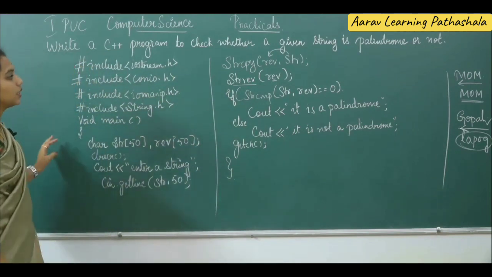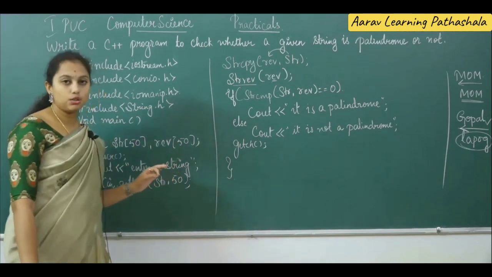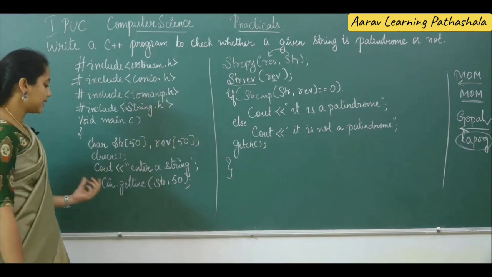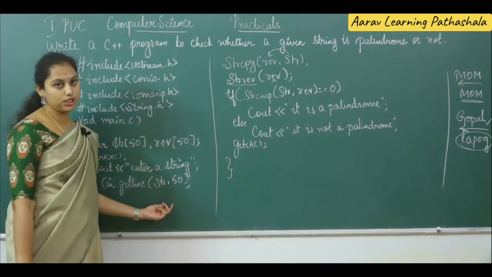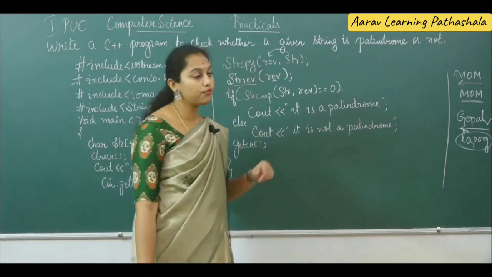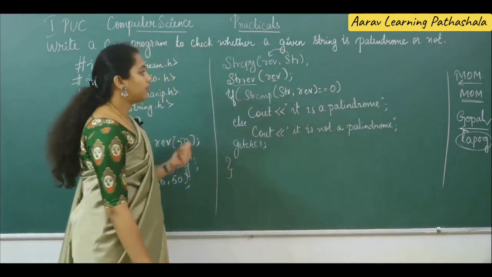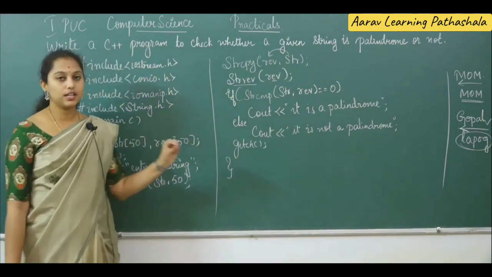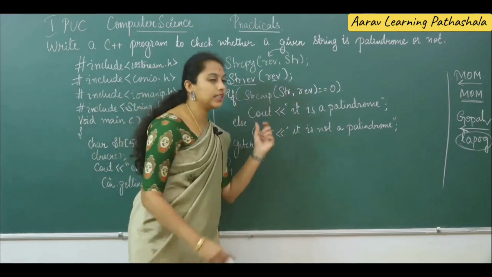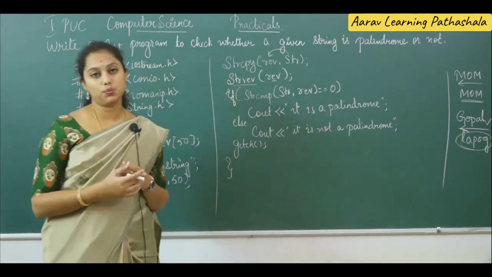So this is the program to check whether a given string is palindrome or not. First, we accept a string using the getline function. After accepting, we copy the contents of the string variable to the reverse variable. After copying, we reverse the contents of the reverse variable. We compare the contents of the string variable and the reverse variable.